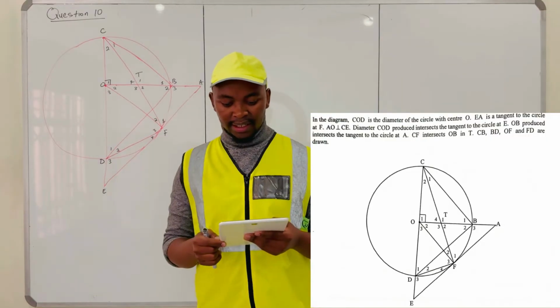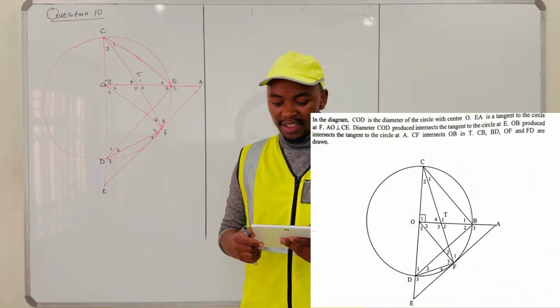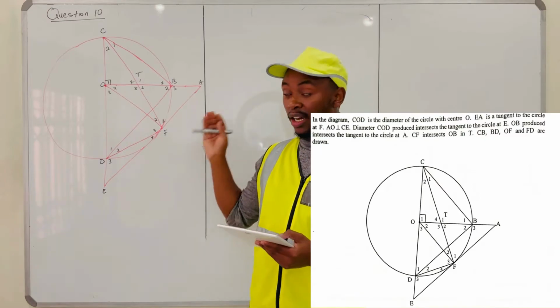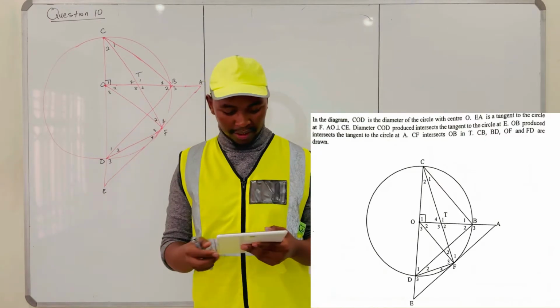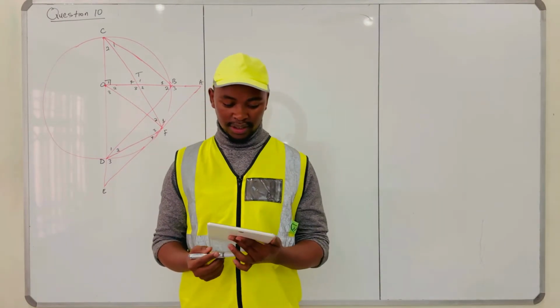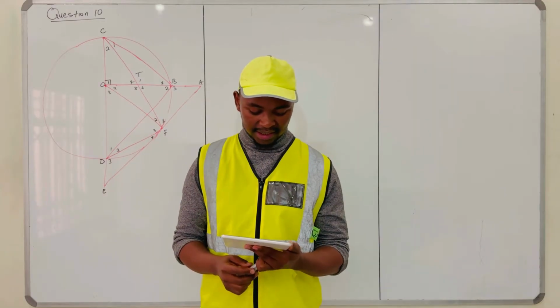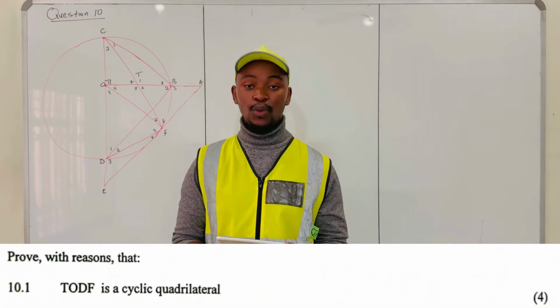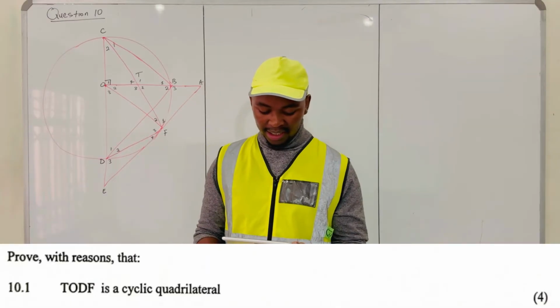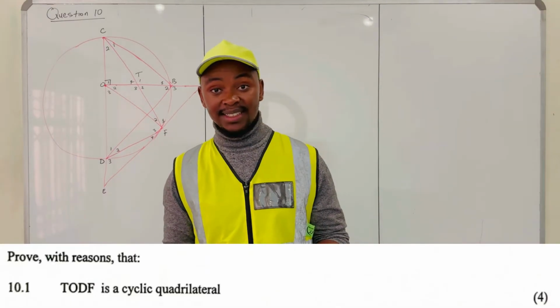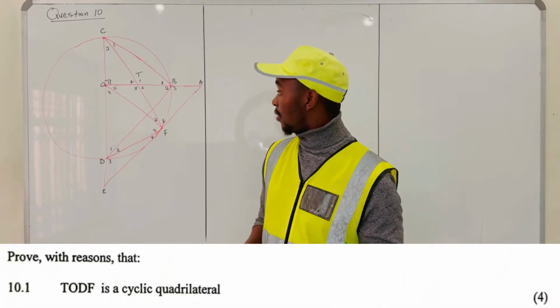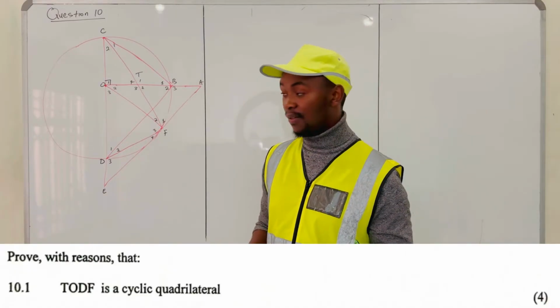Alright. There is CB, BD, OF, and FD, which are chords drawn in this diagram. All right. The first question is asking us to prove with the reasons that TODF is a cyclic quadrilateral. All right. Where is TODF?